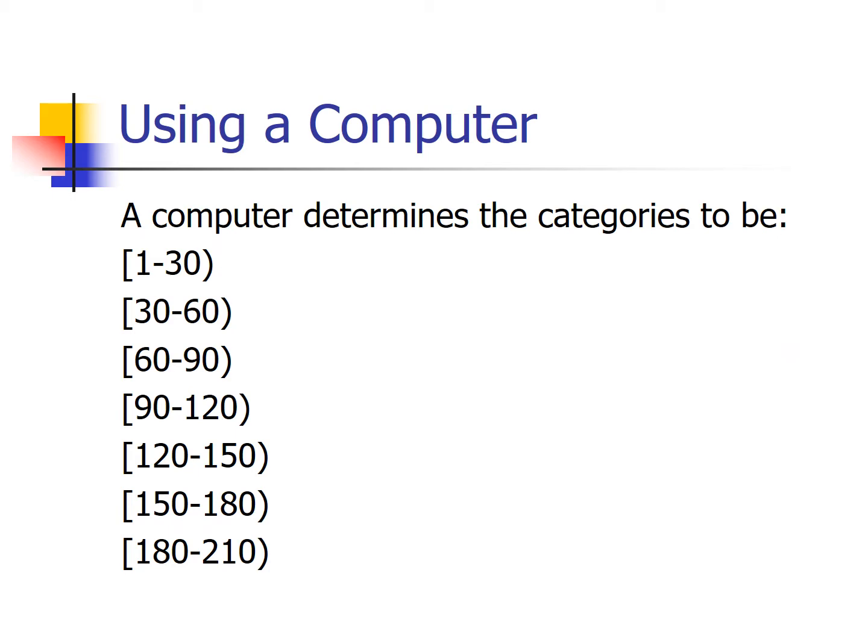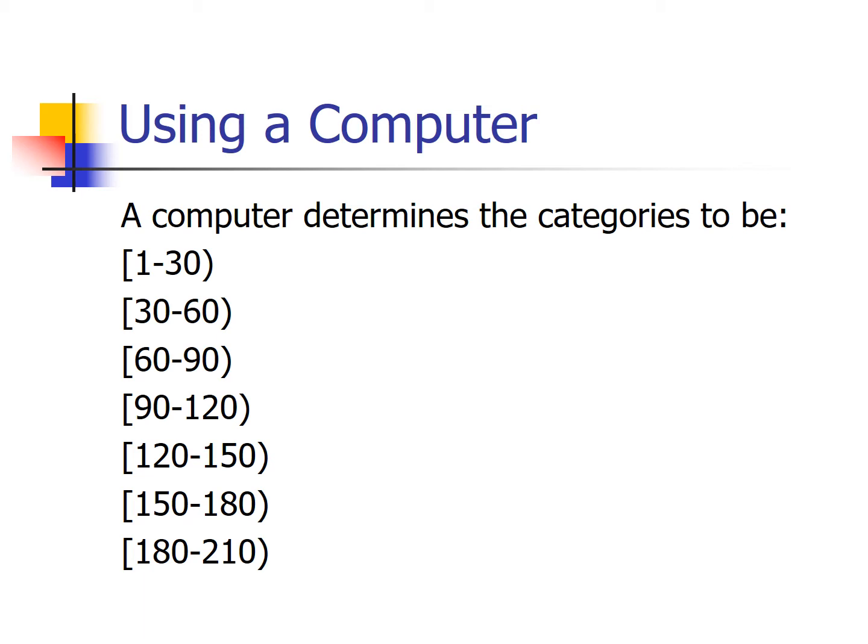So I took the information that we had and asked a commonly used statistics program called SAS to tell me what the optimal categories should be. SAS broke them into nice, even categories of 30. It did 1 through 30, 30 through 60, 60 through 90, 90 to 120, all the way to 210.